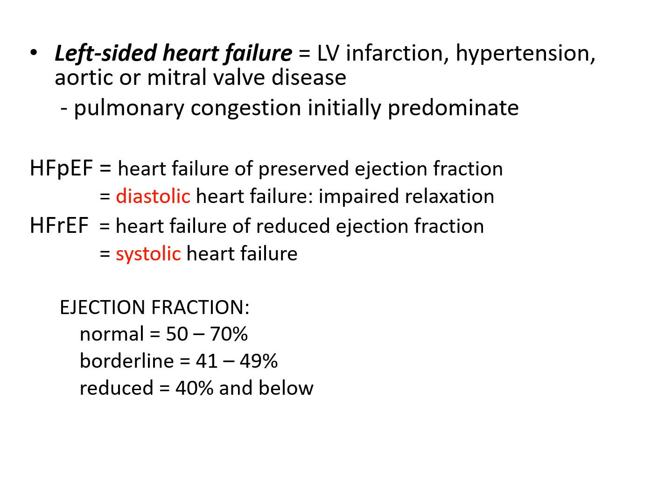So generally, normal would be above 50% ejection fraction. Borderline will be 41 to 49% ejection fraction, and reduced ejection fraction will be 40% and below, based on the estimates of the 2D echo. So that's why it is in percent volume of blood that is ejected during systole.